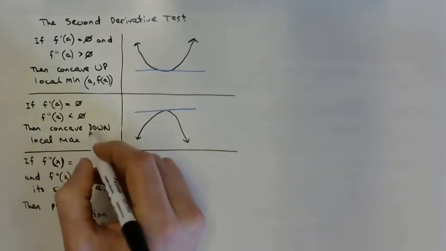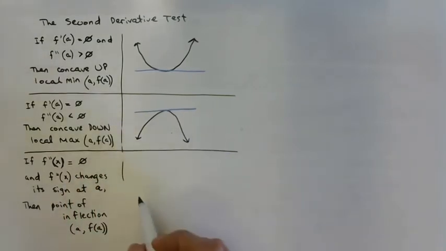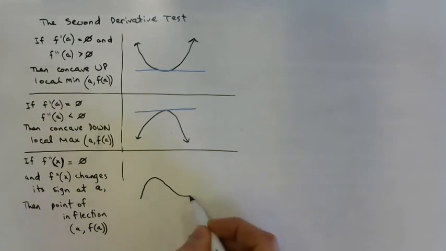And here I should also have the local max at a, f of a. Point of inflection.